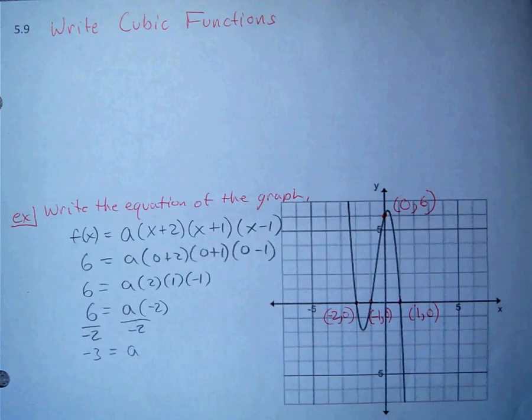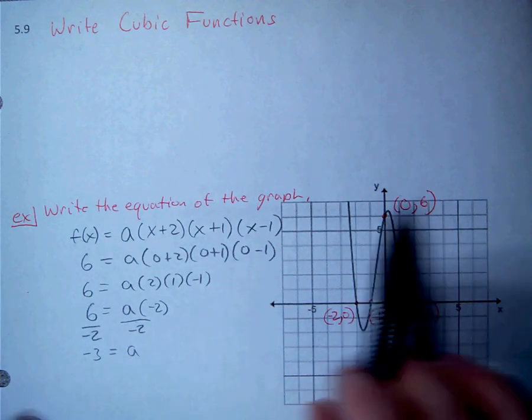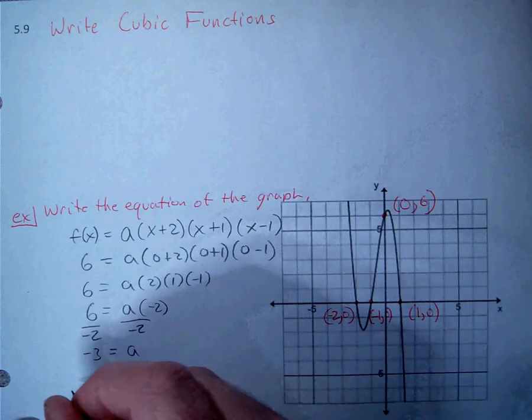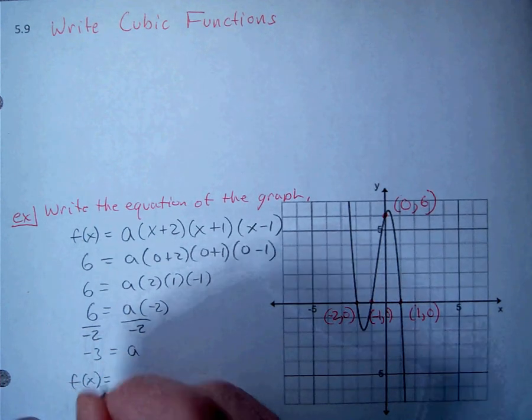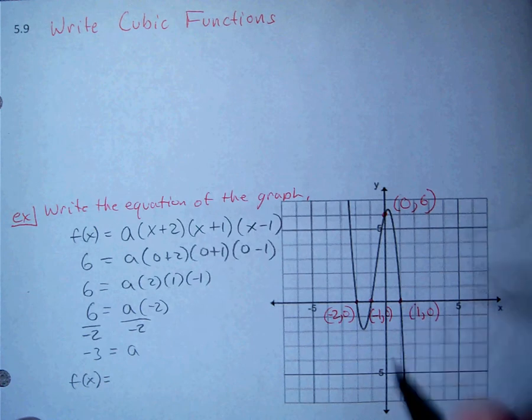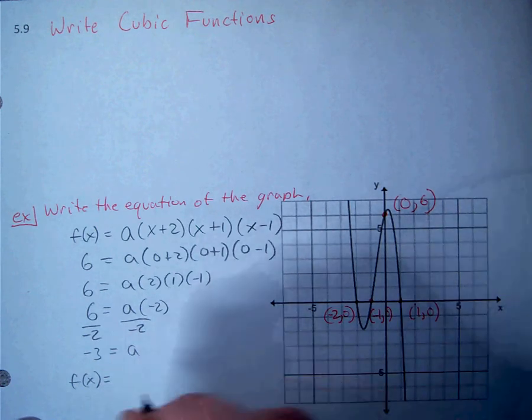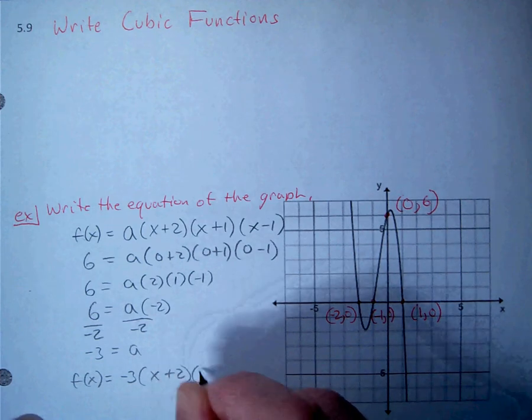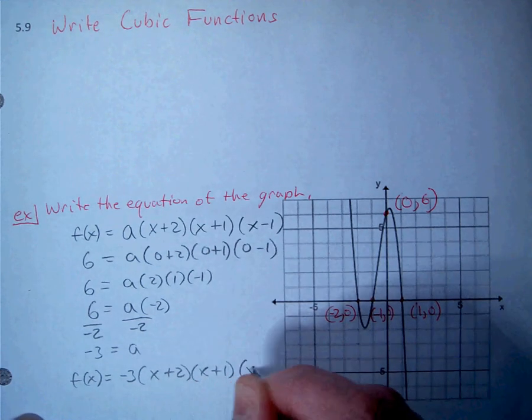Our leading coefficient is -3. So we temporarily used that extra coordinate, substituted it in, solved for a, and now we're ready to write our cubic function in factored form. -3(x + 2)(x + 1)(x - 1).